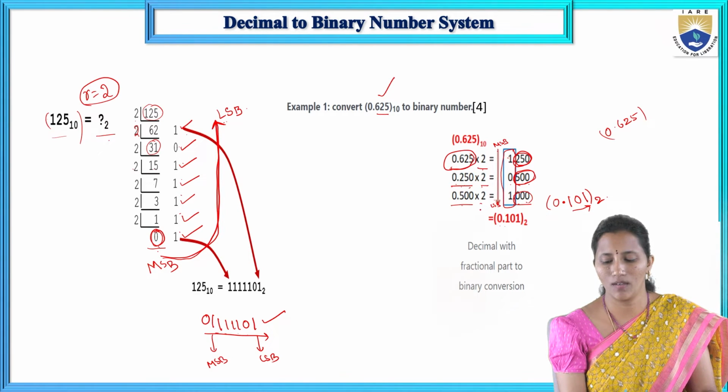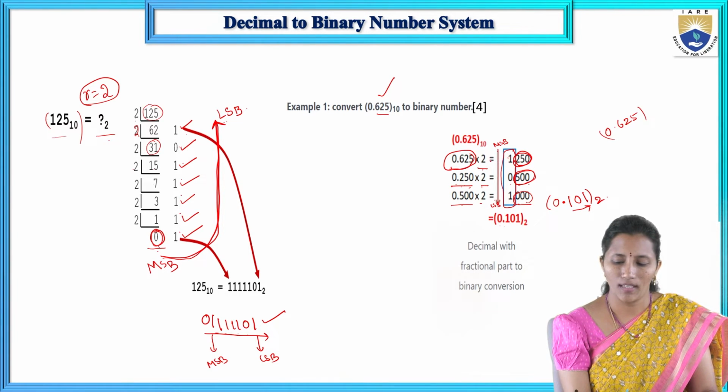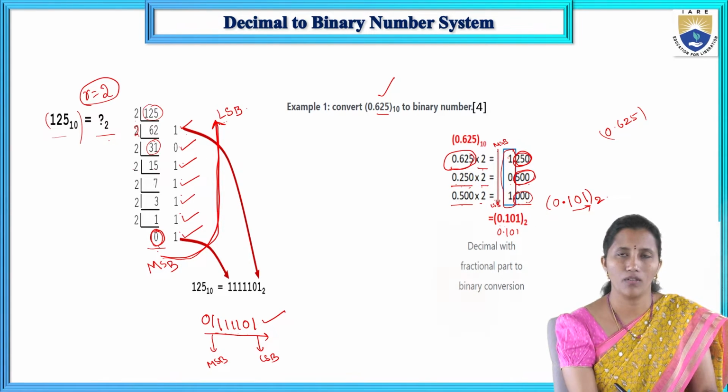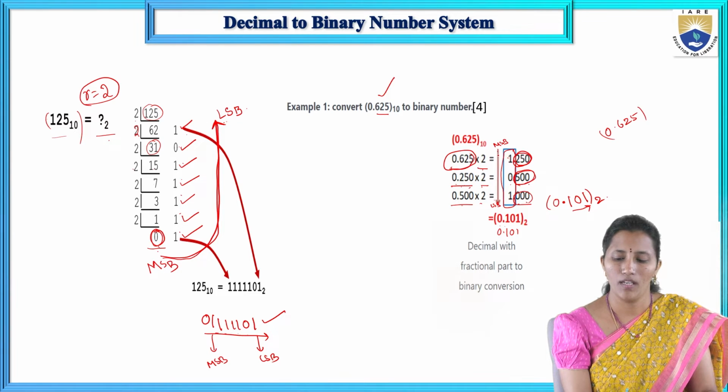If we take the 0 also and multiply, you will get 0. So stop here, and take the integer parts of these values: 101. So write down 0.101 from up to down. For the integer part it is from down to up; here it is from MSB to LSB.